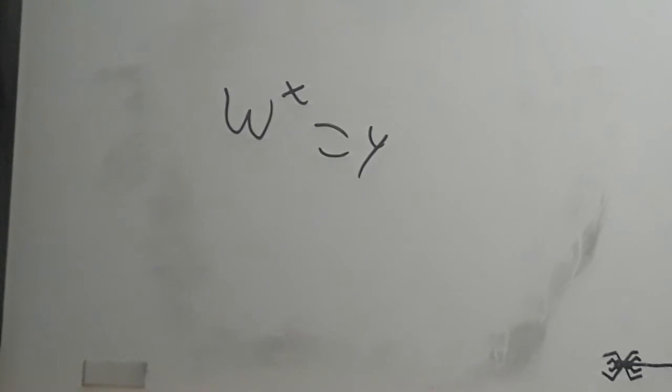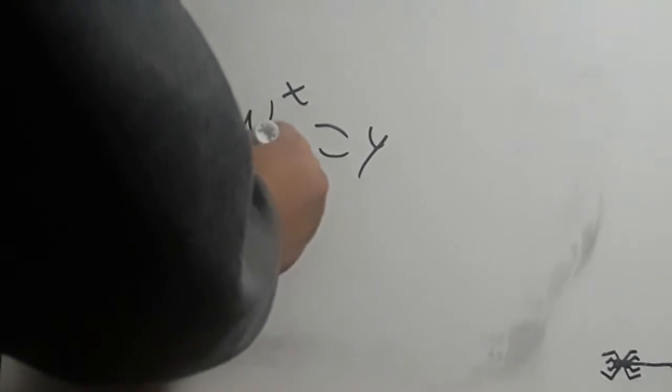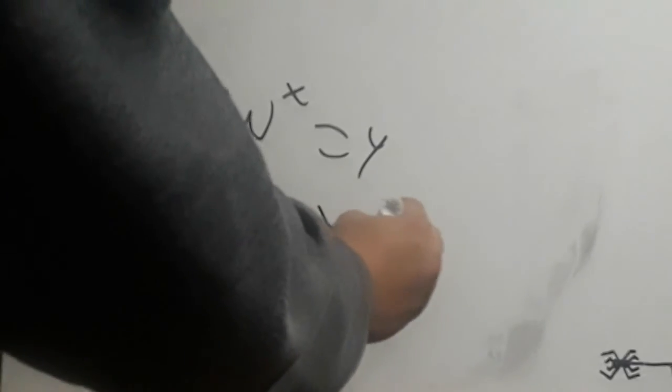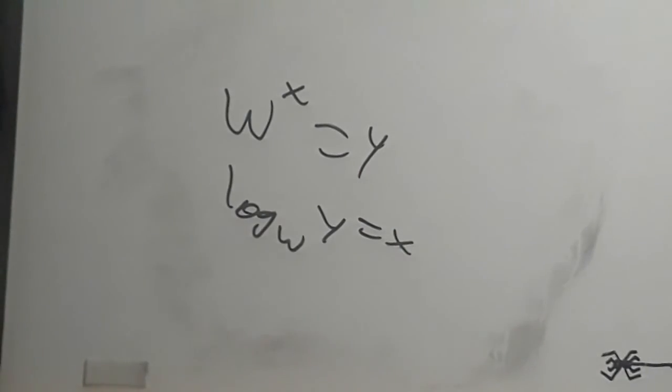Alright, well, let's put it into a form that you should know as we've been talking about it. Log base b of y equals x. Now that's strange. So this is still a logarithm.